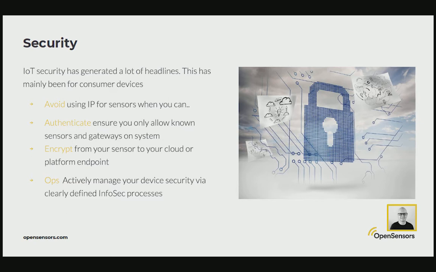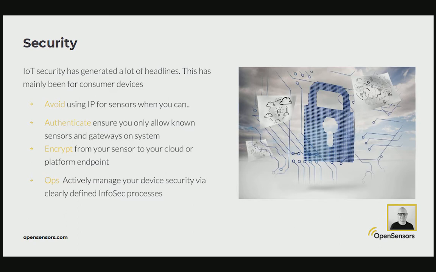And as with any good security practice, you need to authenticate. So you need to know, is that sensor on your network one of yours? Is that gateway on your network one of yours? Also, you need to ensure that you actually have end-to-end security for your devices.